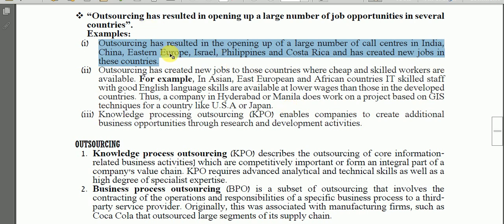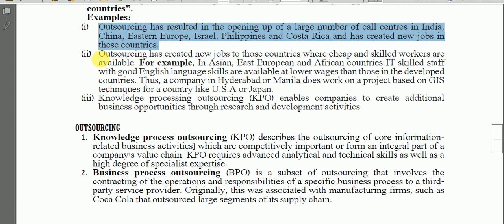So because of outsourcing, so many job opportunities are created in these developing countries, including India, China, Eastern Europe, Israel, Philippines, Costa Rica.